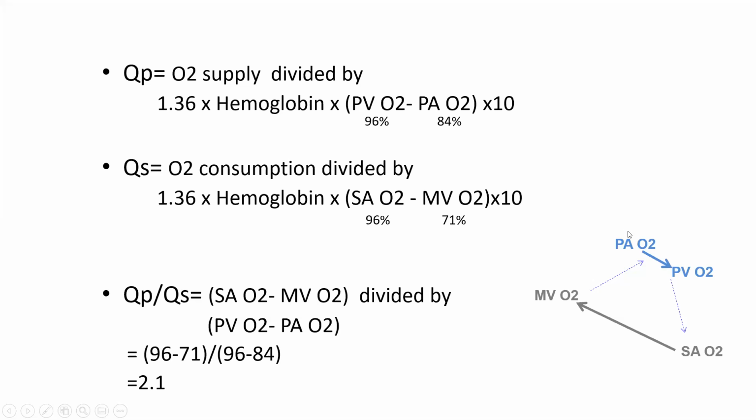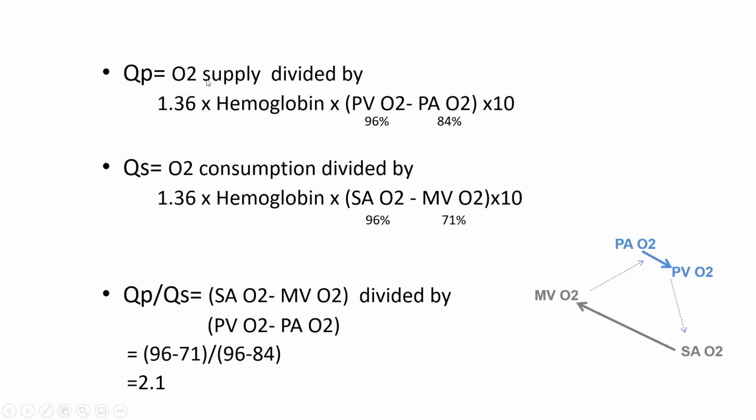On the other hand, the pulmonic flow is O2 supply by the lungs. Again, it's the same Fick equation, divided by pulmonary venous O2 saturation minus pulmonary arterial O2 saturation. Keep in mind, of course, that the O2 supply by the lung is equal to the O2 consumption by the tissues. What goes out comes in, or what comes in goes out.